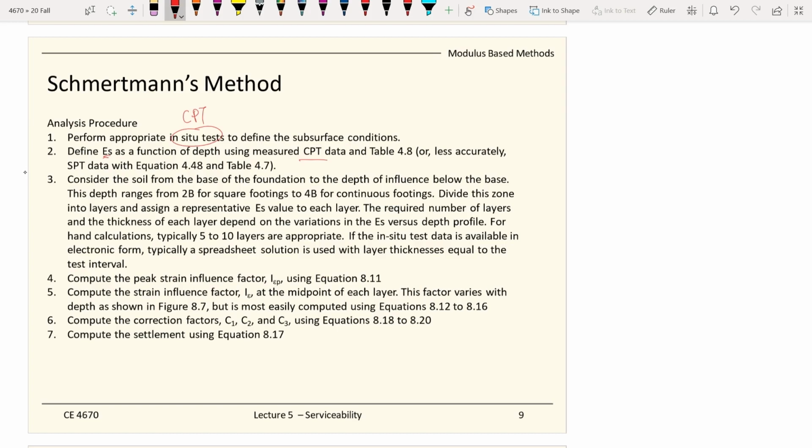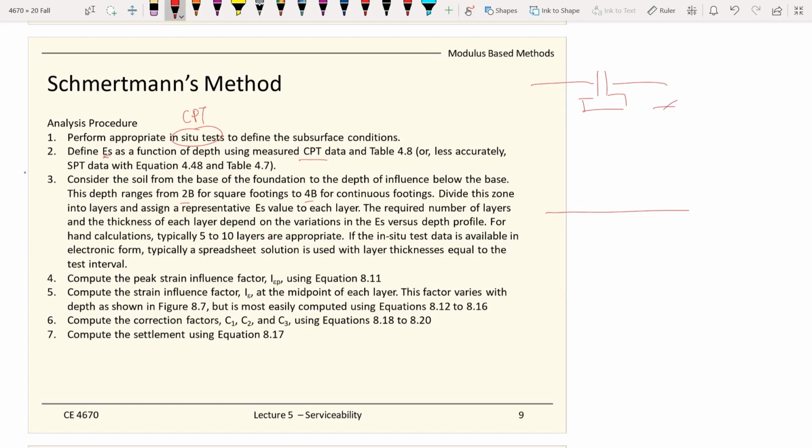And next, you will consider the soil from the base of the foundation to the depth of influence below the base. And this depth ranges from 2B for square footings to 4B for continuous footings. So pretty much you have your foundation, right? Now you need to decide how deep you want to look.